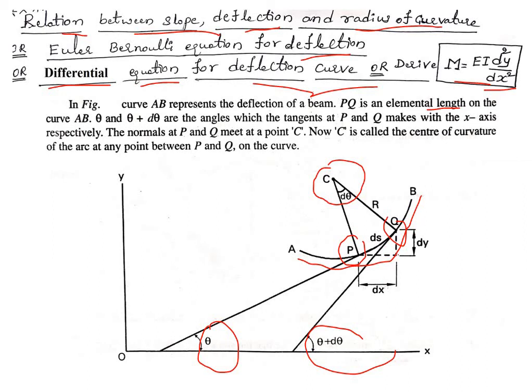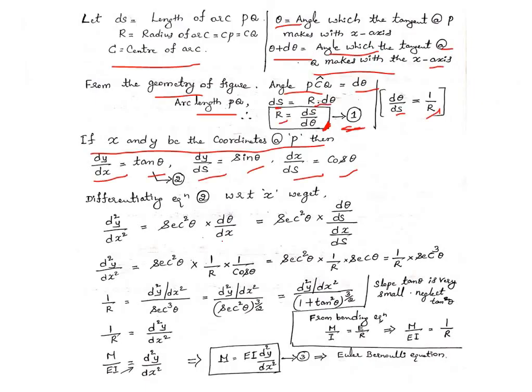So opposite by hypotenuse and adjacent by hypotenuse give sin theta and cos theta, and also tan theta. So dy by dx equals tan theta, which we take as equation 2.